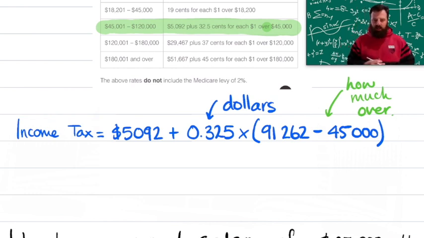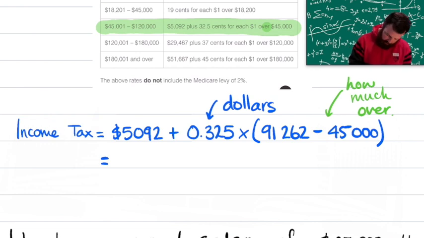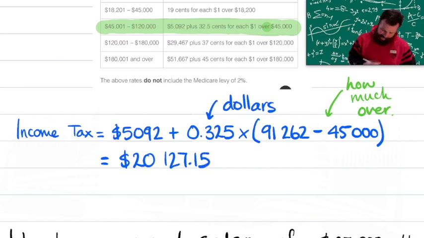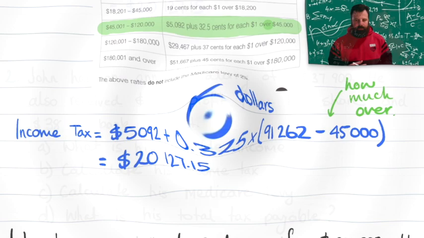Now that we're at this stage, we just type that equation straight into our calculator and it produces a result of $20,127.15. So Jenny would pay that amount of income tax out of the $91,000 that she earned.